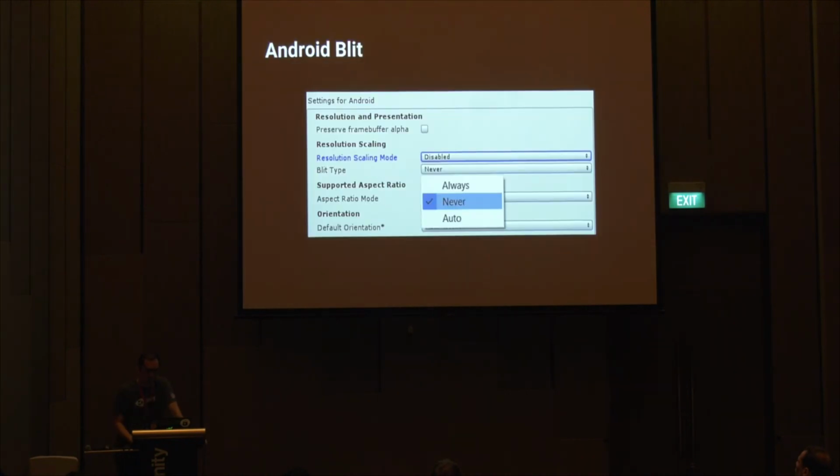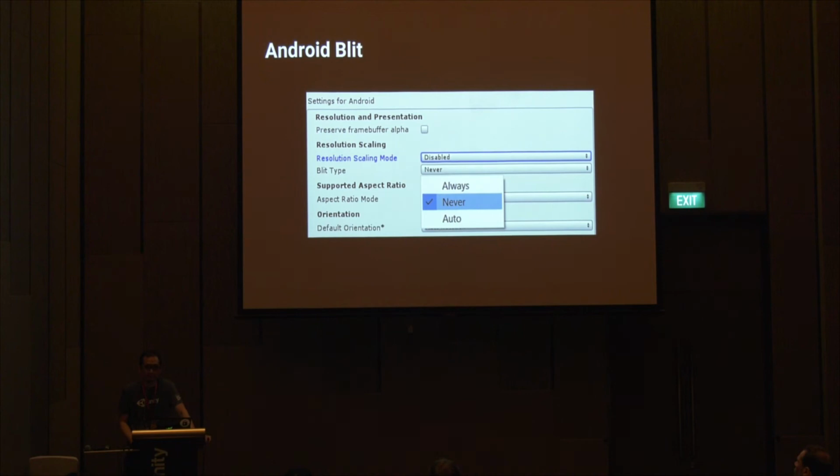Next one. If you're building Android games, the default behavior is Unity will render your scene to an off-screen buffer and Blit to the back buffer. That means you are rendered to an off-screen buffer and then copied to the back buffer. And this copy process takes about 0.5 to 2 milliseconds.